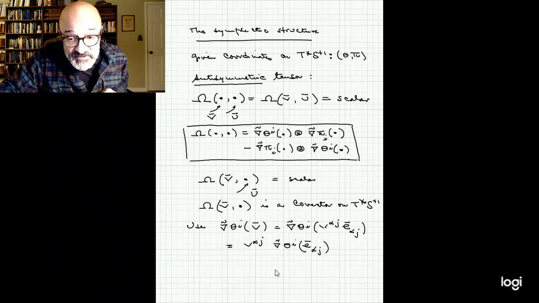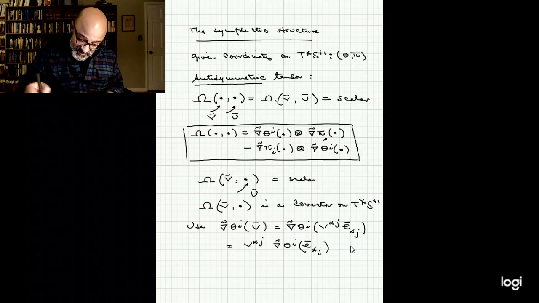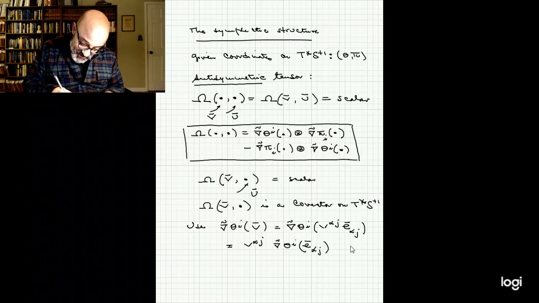Now, the way we want to do this is that when this alpha here is 1, this gives you a Kronecker delta. When this one here is 2, it gives you 0. So this is just going to be V1I.